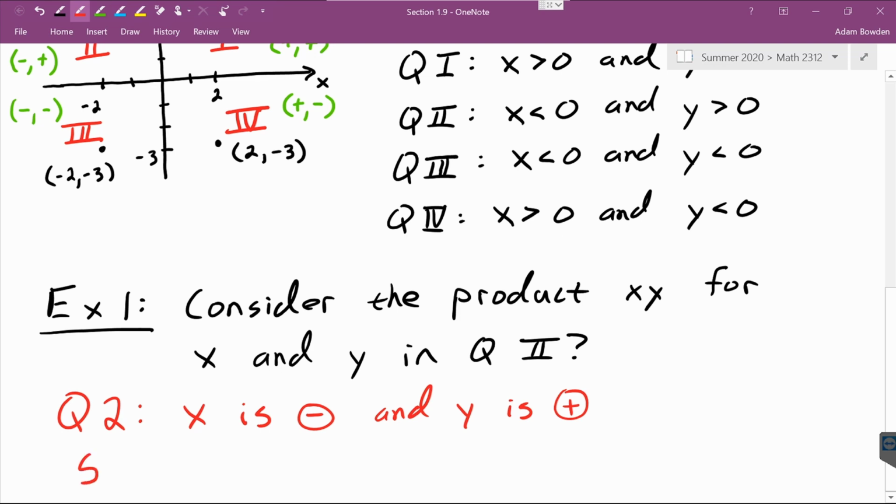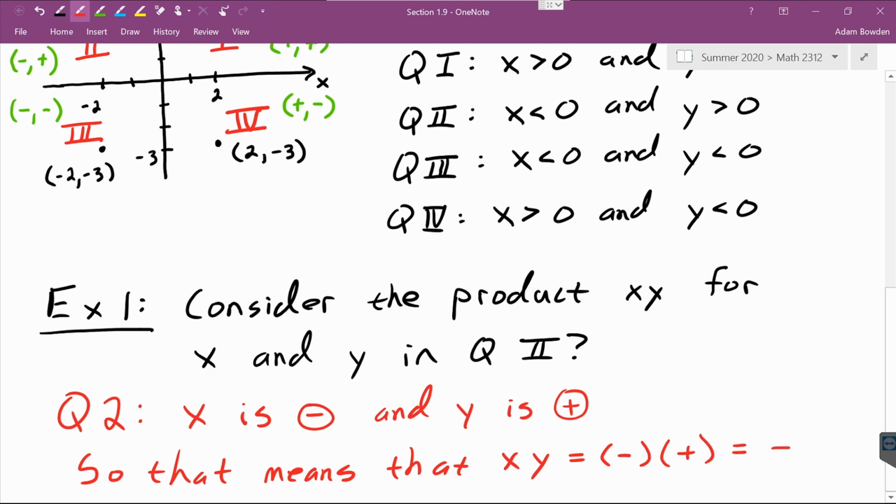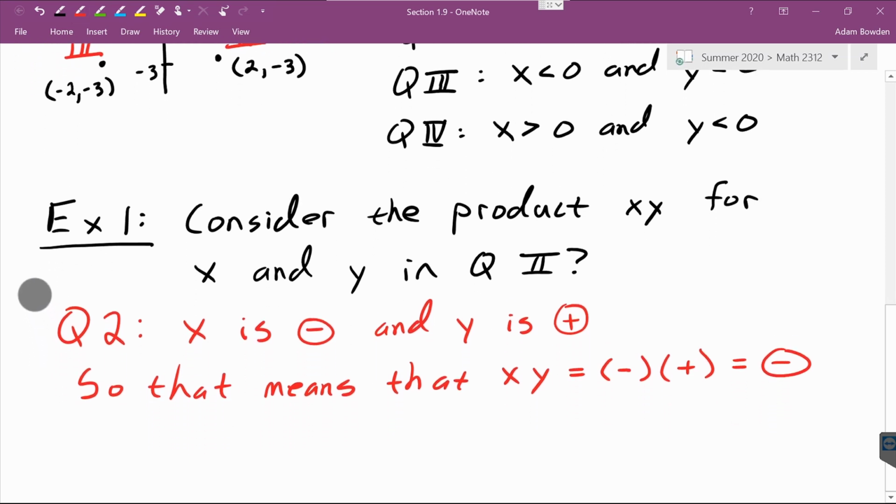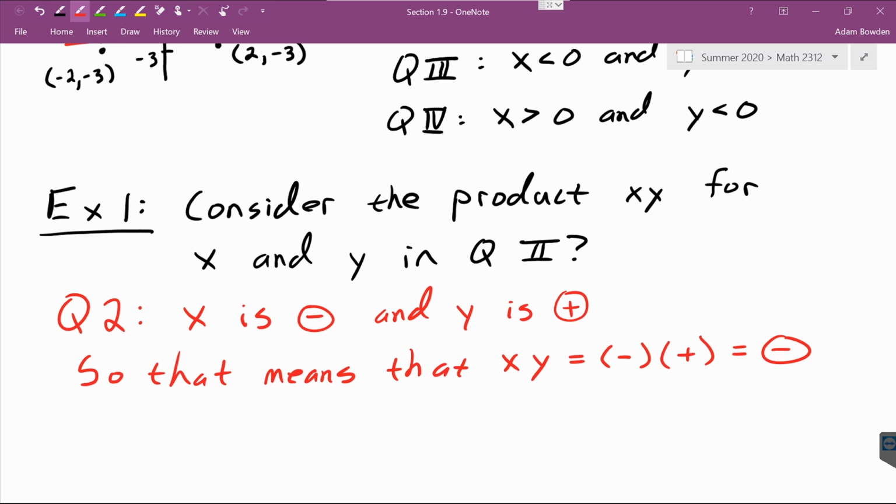So that means that our x multiplied by y would look something like a negative times a positive, and a negative times a positive would be negative. So we don't know what the numbers are for these, but we know it would have to be a negative value as a result.